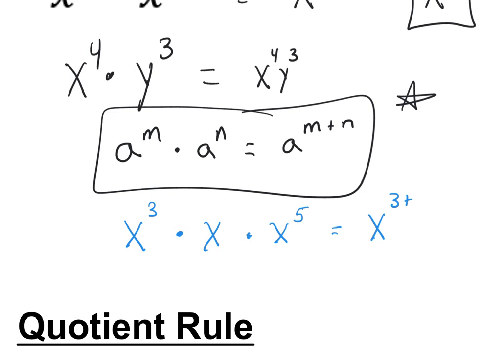How many does the second one have? If there's nothing there, what's understood to be right there? A 1. If there's nothing there, there's understood to be a 1 there. So that'd be 3 plus 1 plus 5, or x to the 9th.